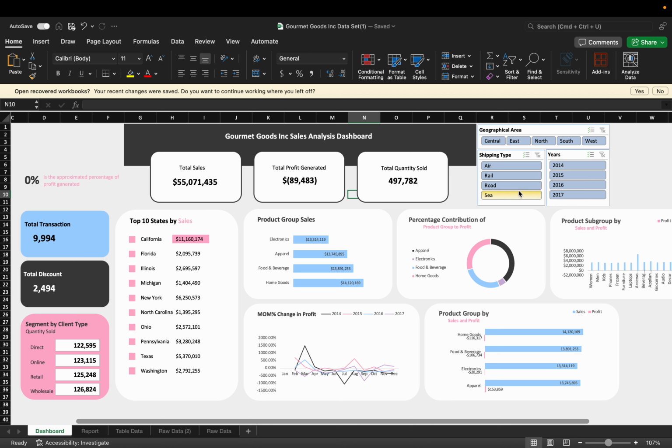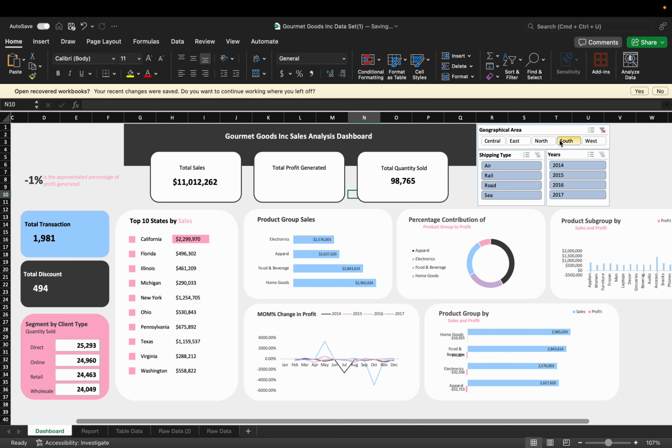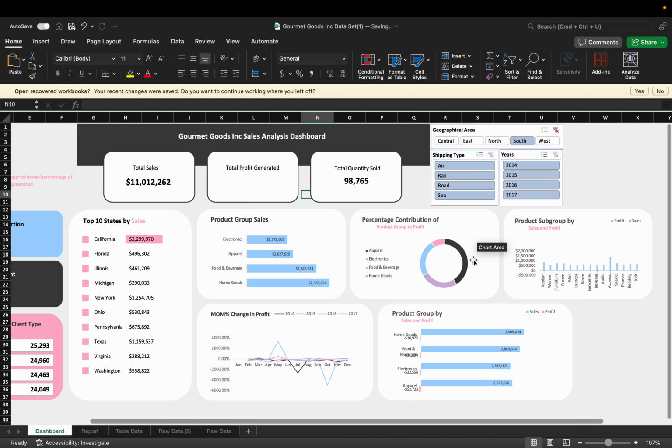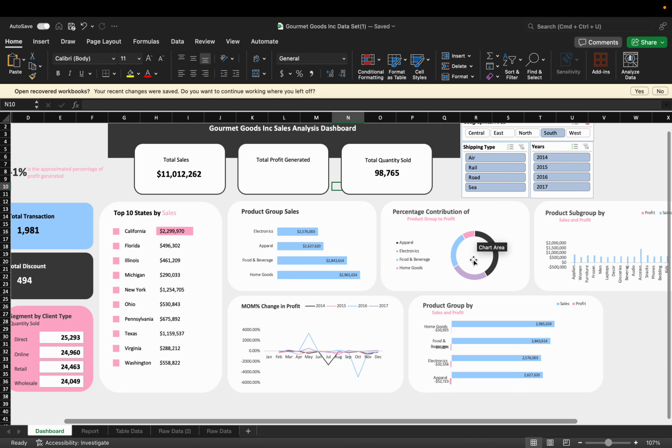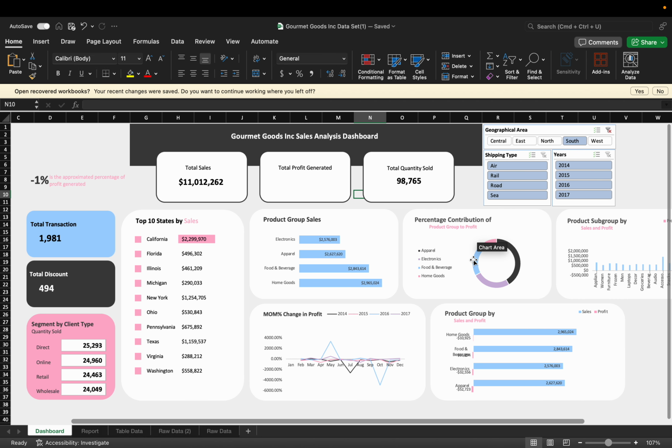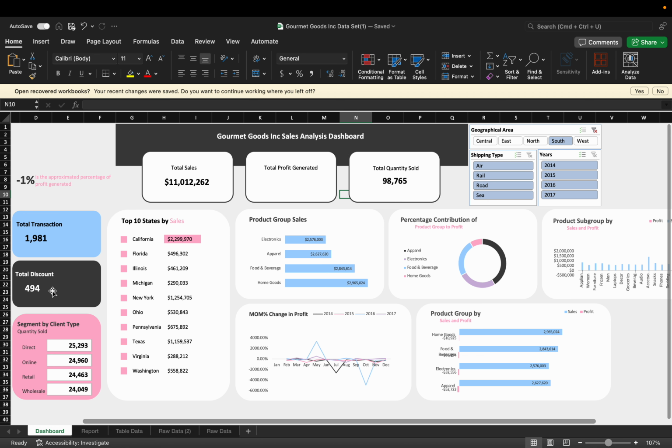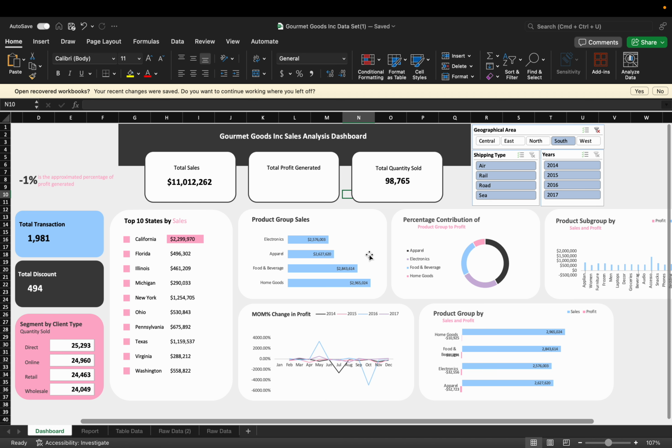So if I'm looking to see for only, let me say, the south region, the south region is going to give me the sales, the total transactions, total discount, and make everything filtered down to just the south.